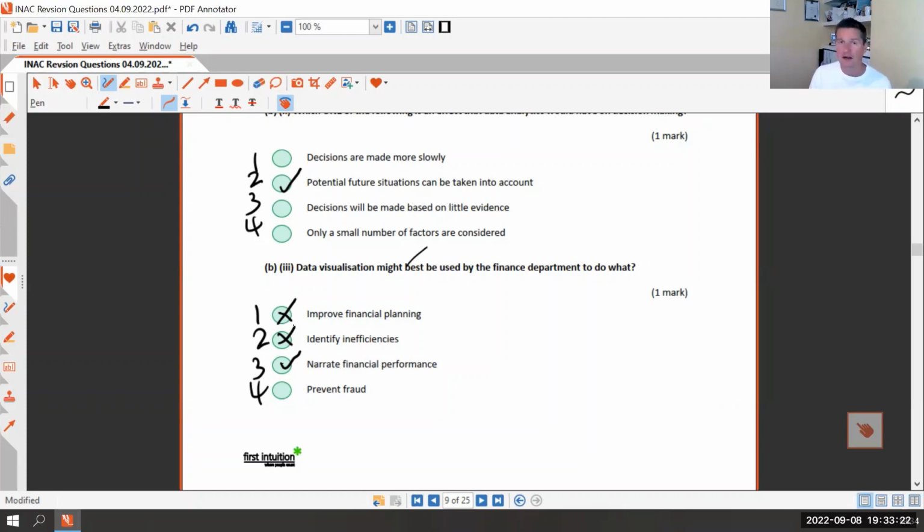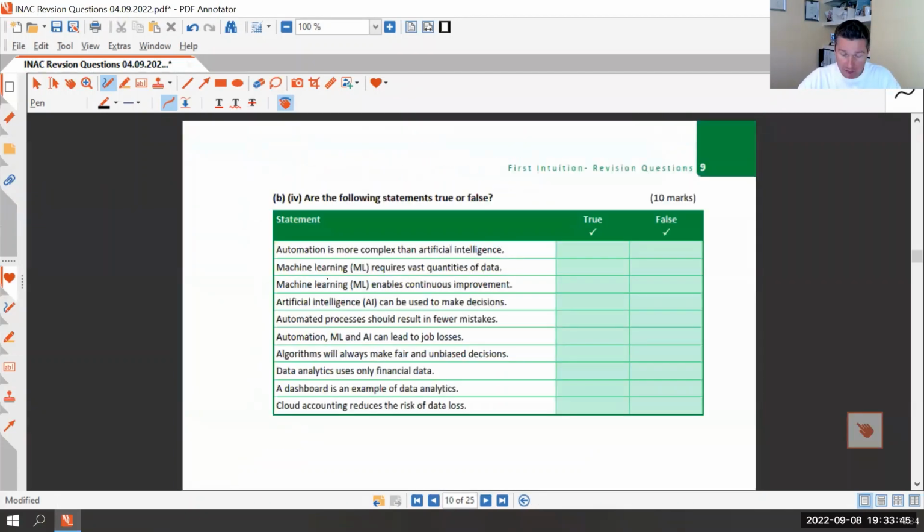I mean, what would you do with inefficiencies in a bar chart? It's not the same as what it's meant to be, which is narrating, adding extra context to financial information, and prevent fraud. It's just not going to do it. Again, it's a very short question. It's worth 1 mark. Go in, put something down, and move on in life.